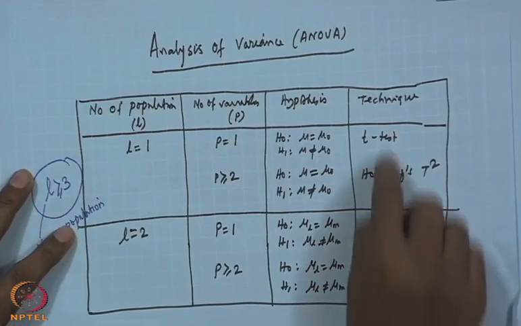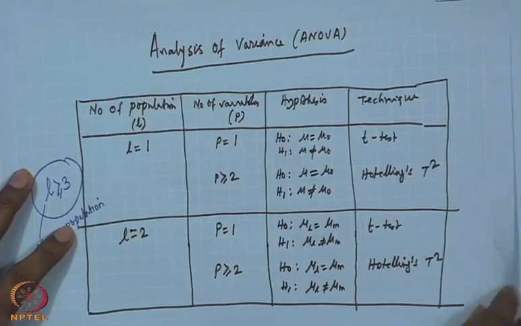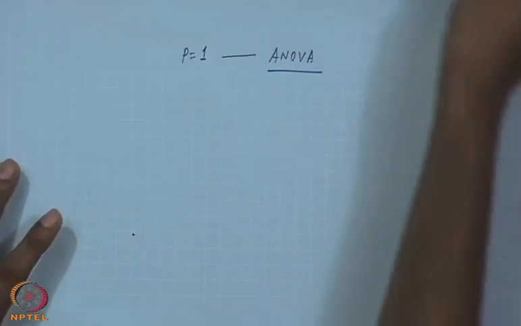So, what I said is that suppose your case is P equal to 1, that is the univariate case, and there are several groups or populations, which is definitely 3 or more. In that case, the t test is not applicable. If you want to test the difference simultaneously, you require a special technique known as analysis of variance.